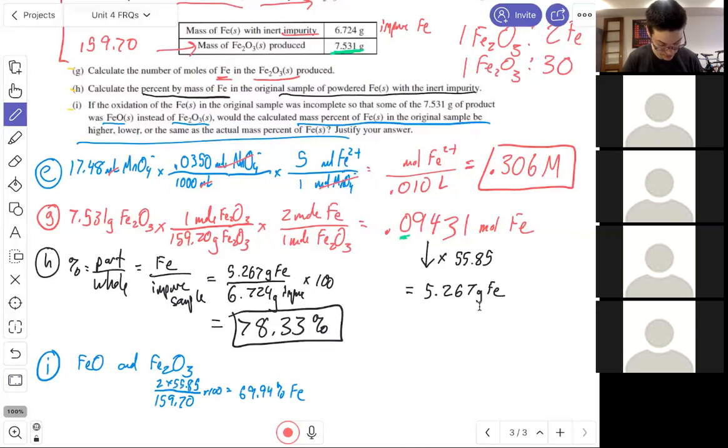FeO, that molar mass is 71.85, and it's 55.85 over that times 100. So it's 77.73%. Okay. So now that you kind of have that, the question wants to know, with the calculated mass percent of the original iron sample, do you think it would be higher, lower, or the same as what we got up here?